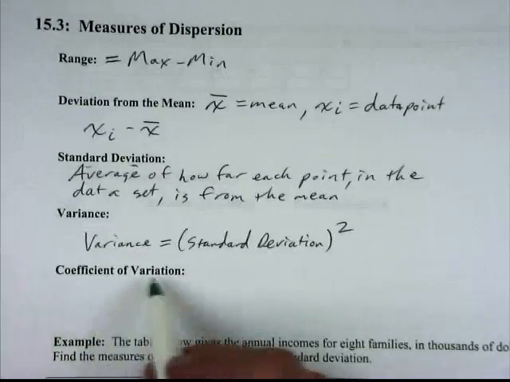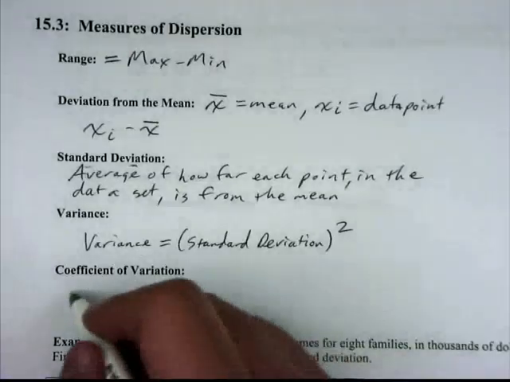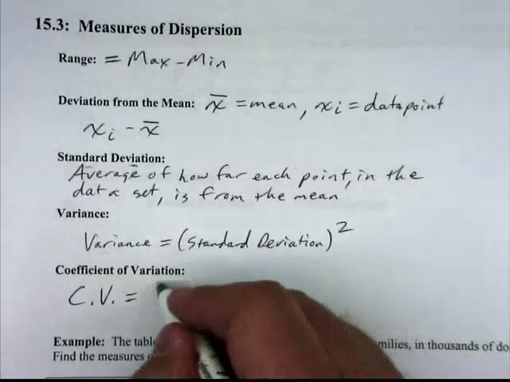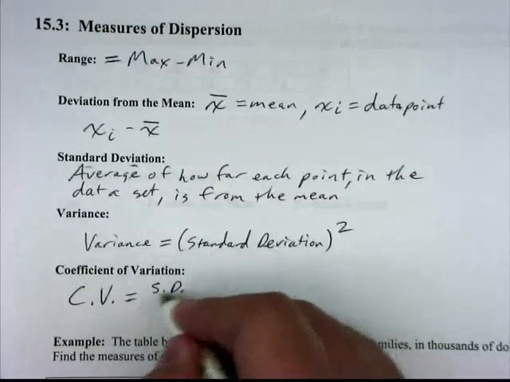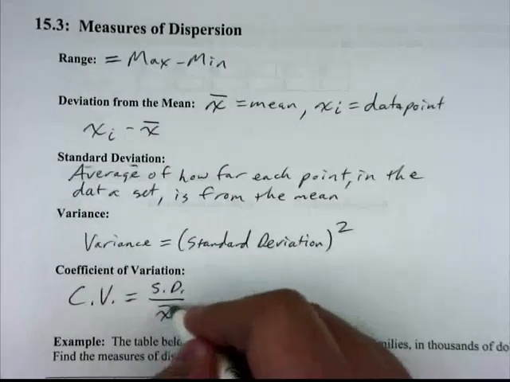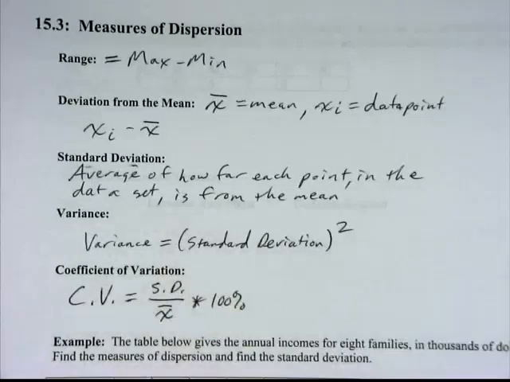Then the last thing that they talk about in some of the problems is the coefficient of variation. And the coefficient of variation is the standard deviation, I'm just going to initial that SD, divided by x bar times 100%. So you turn that into a percentage.